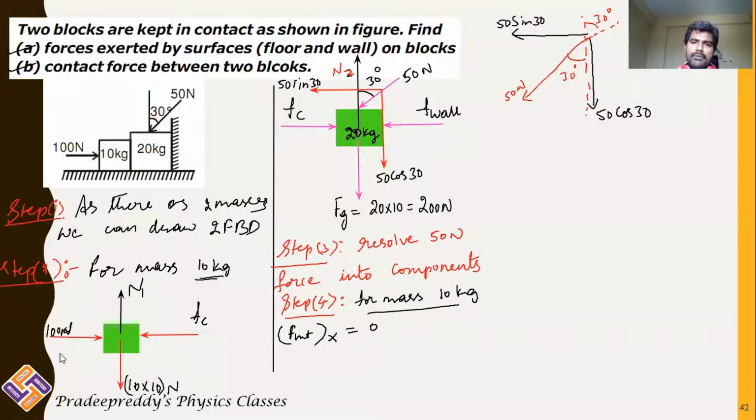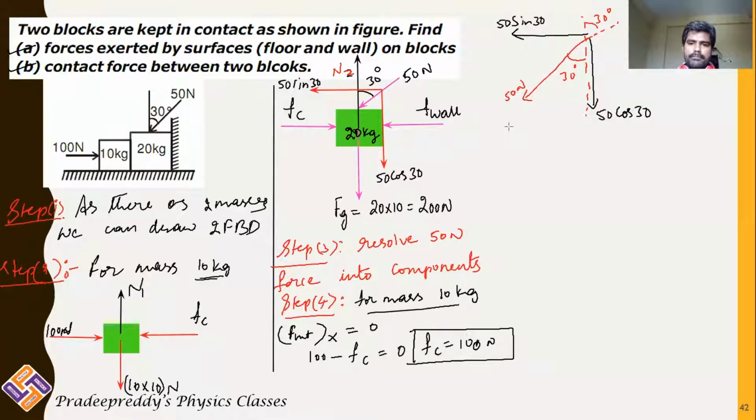Right side acting forces, you consider them as positive. Left side forces, you consider them as negative. 100 Newton is positive, minus contact force is along negative x-axis, so 100 minus Fc is equal to 0. This gives you contact force is equal to 100 Newton.